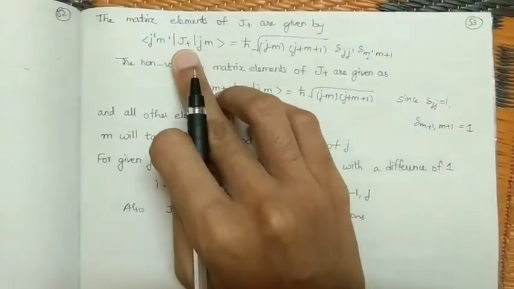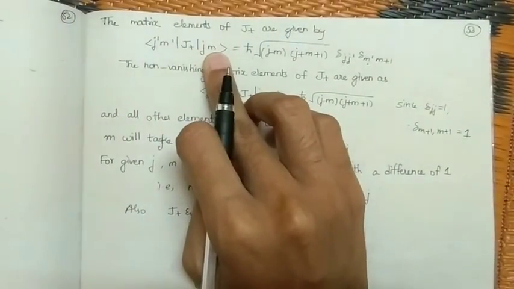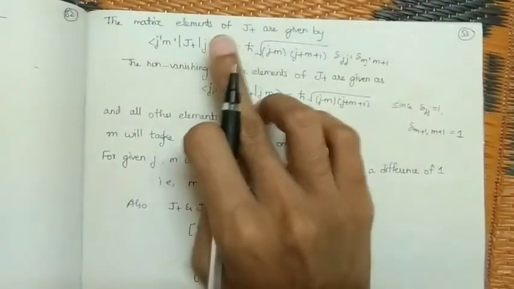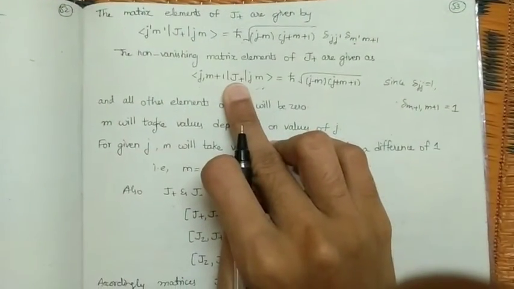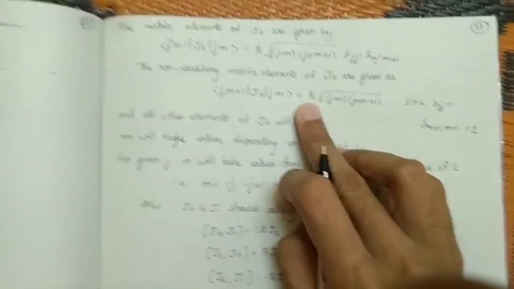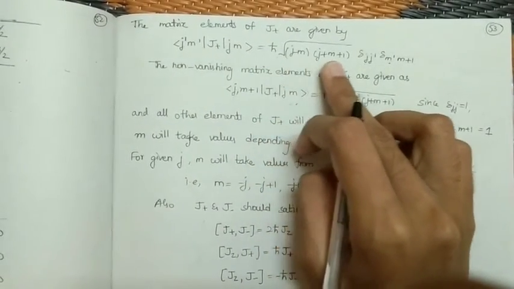Here J plus is first operating on the wave function xi of j comma m, and because of that operation it gives its eigenvalue. The J plus eigenvalue is nothing but h cut into root over j minus m into j plus m plus 1.